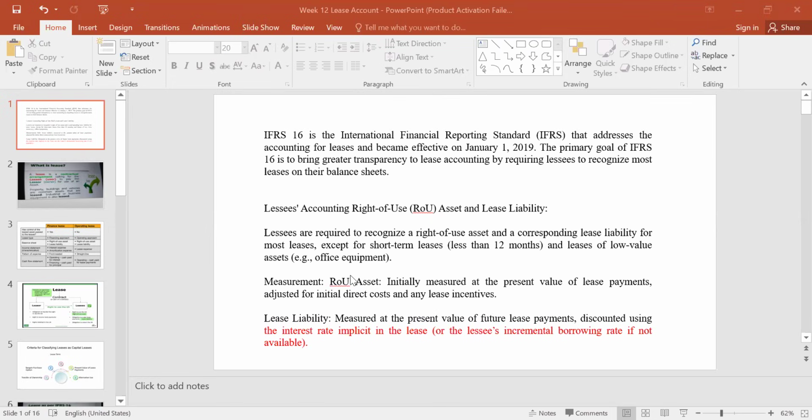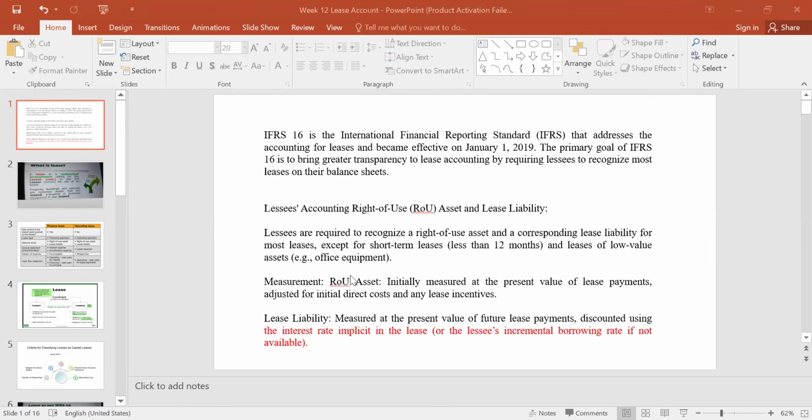If the lease covers a short period, minimum 1 year, maximum 5 years, this is the operating lease. And if it is more than 5 years, it is the finance lease.